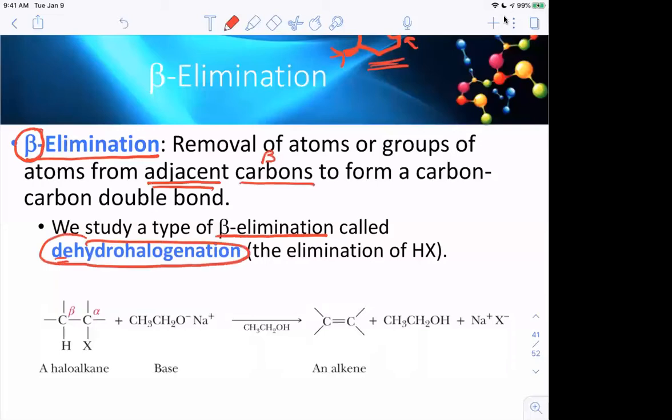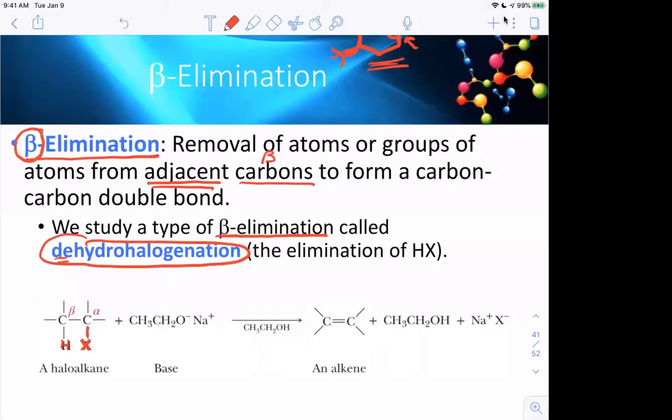dehydrohalogenation. If I took an alkene and added HCl or HBr, I would get hydrohalogenation. Now I'm talking about dehydrohalogenation. So again, this is the bond that's going to break, but so is this one.